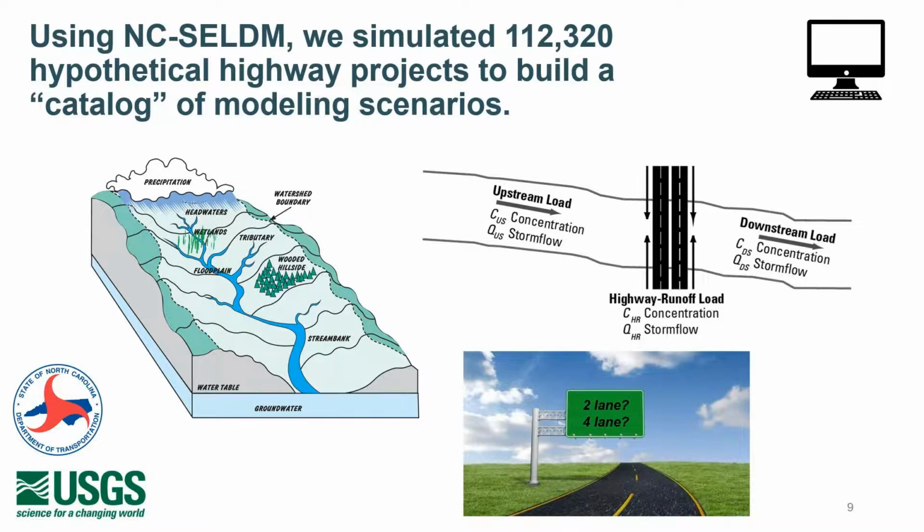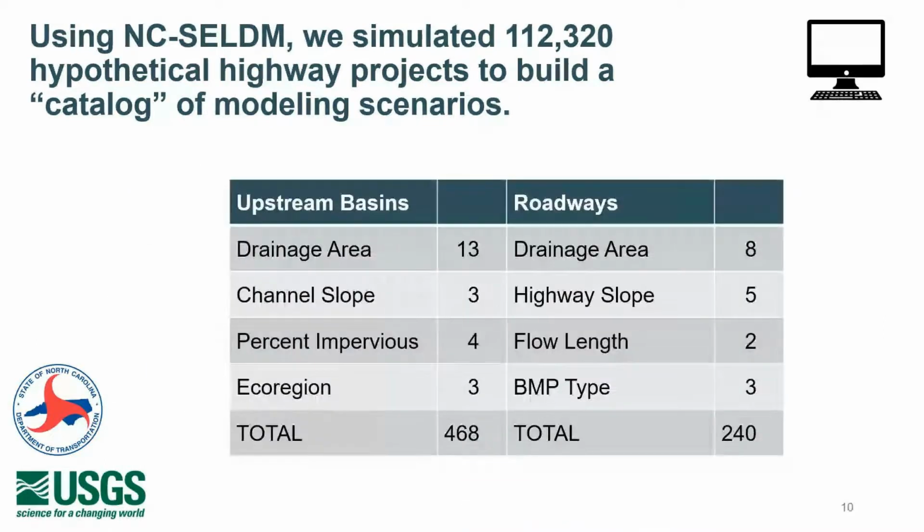Those 112,320 scenarios were formed in conjunction with inputs from our contacts with the North Carolina Department of Transportation. So we looked at a factorial design, meaning each unique combination of 13 different drainage areas upstream, ranging from very small, I forget the smallest exactly, but it might have been 0.01 or 0.05 square miles, all the way up to a much larger drainage area like 100 or 100-plus square mile upstream basin contributing to the upstream loads.